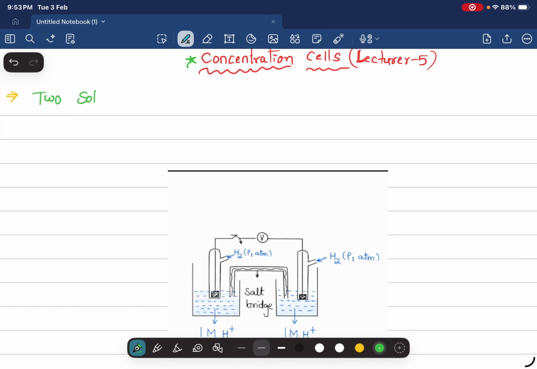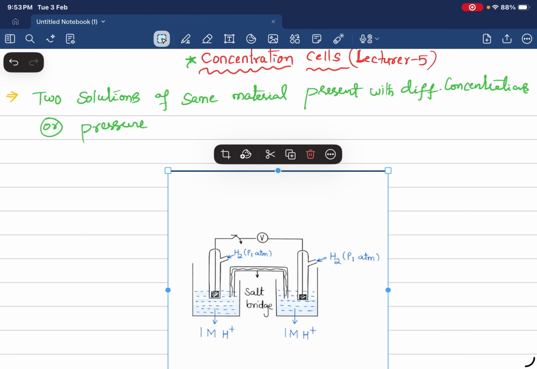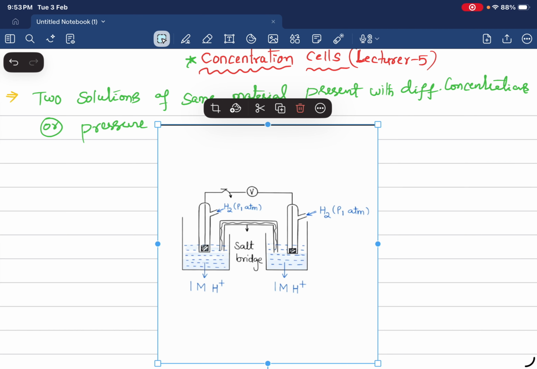Two solutions of the same material present with different concentrations or pressures are called concentration cells. So here let us take the first case.